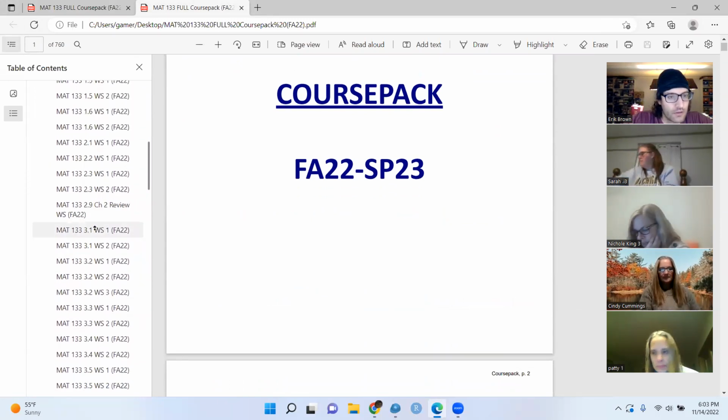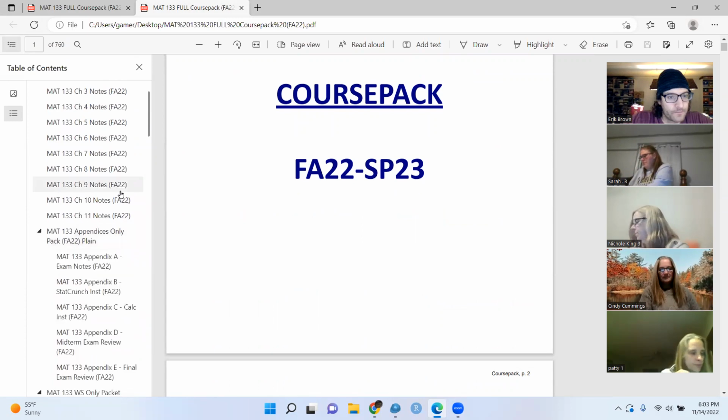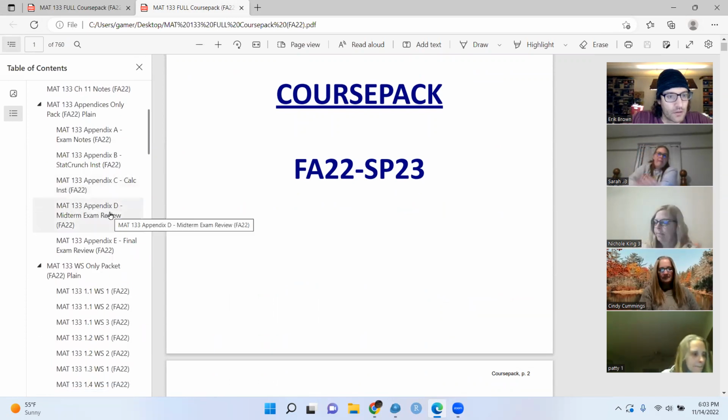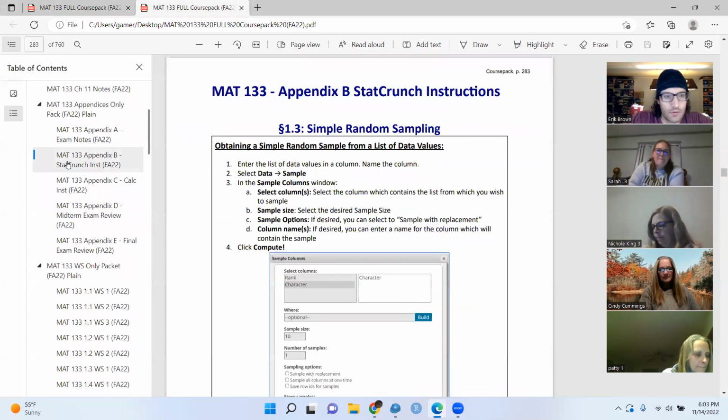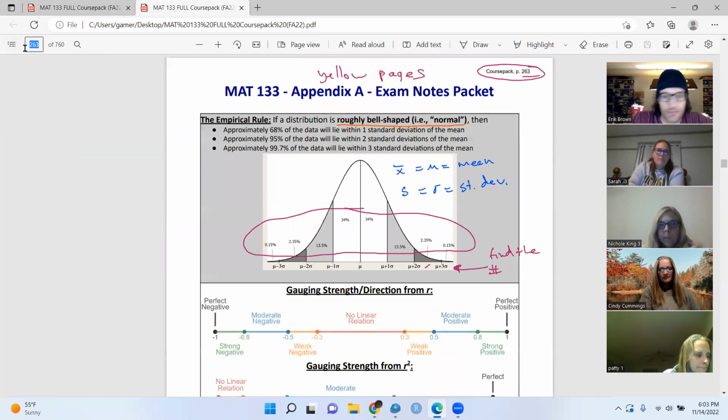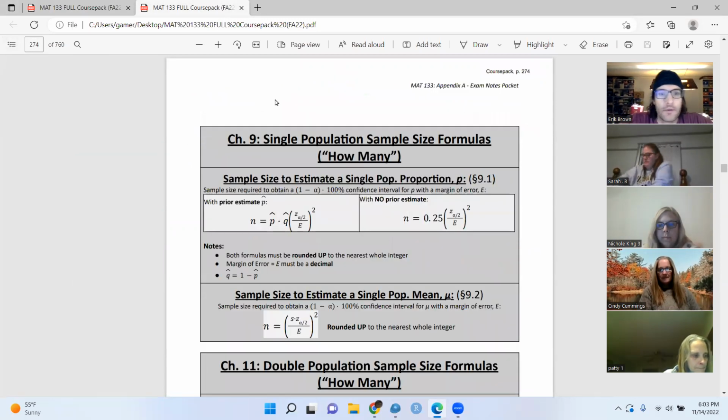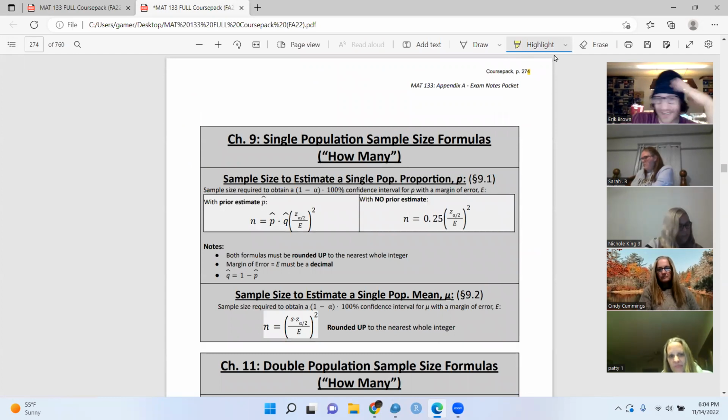Where is it? I know where this page is, like 274. So this is the reference sheet, page 274, that you get to bring to the exam. You can of course rewrite it.